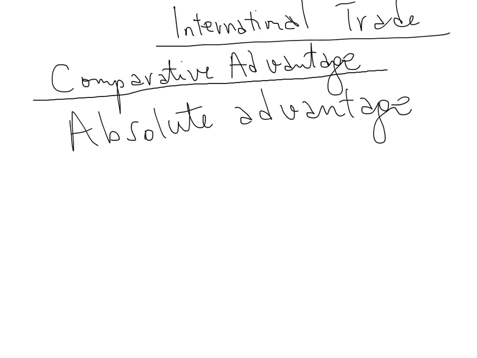I'm going to change the page so we have more space here. In this example, we have two countries. First, this is Japan, and this is called the production possibility curve. They are two goods: we have DVD players, and then we have motorcycles.